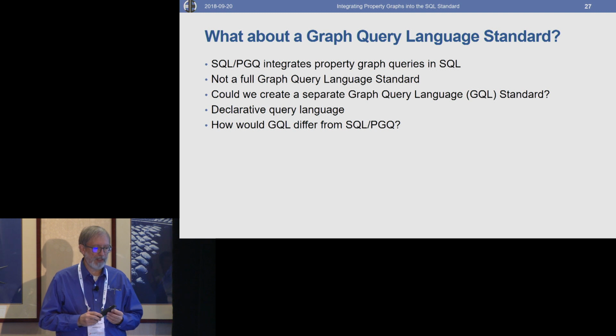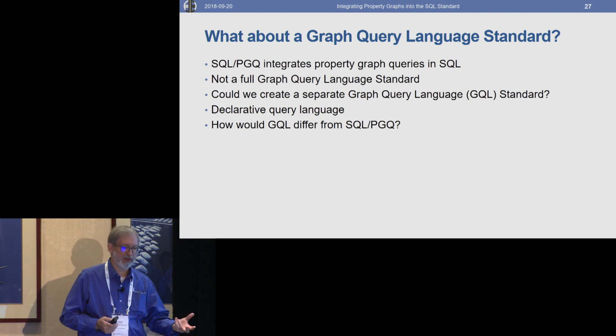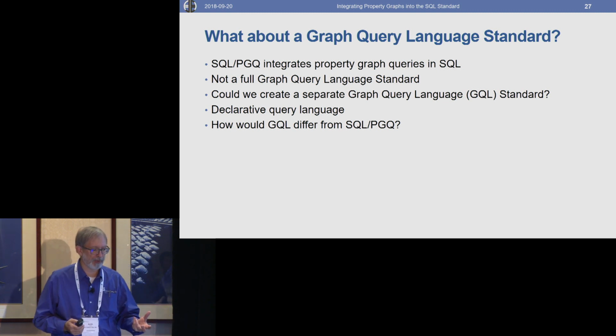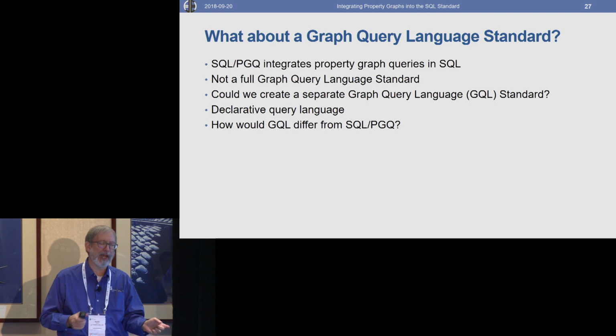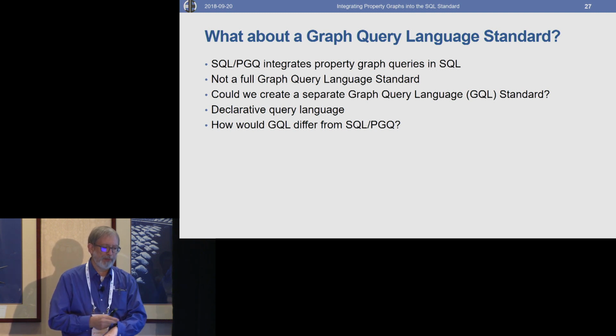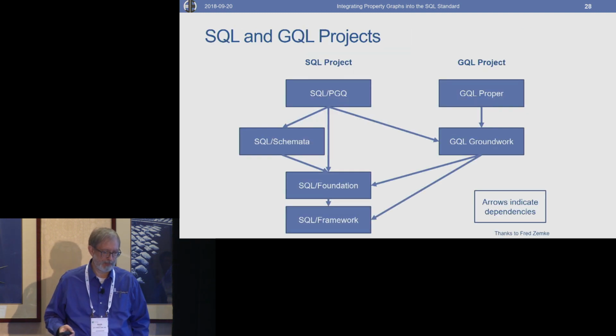How would this fit into everything? What could we do? Could we build a declarative query language standard for a property graph query language? How would that work? How would that be different? How could that work together with what we're doing on the SQL PGQ stuff right now?